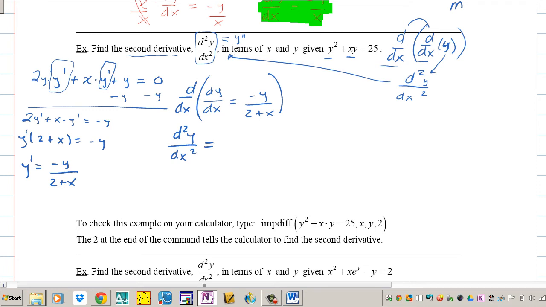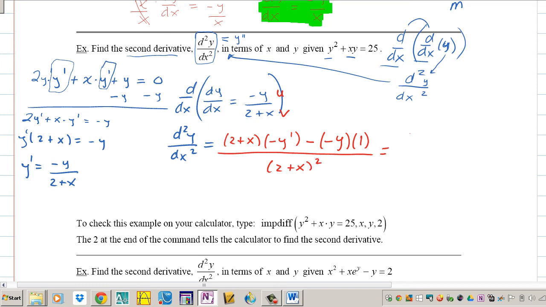Now I have a quotient rule where the top is my u, the bottom is my v. So it's going to be the bottom times the derivative of the top. What's the derivative of negative y? It's negative y prime, minus the top times the derivative of the bottom. Well, the derivative of the bottom is just 1, all over the bottom squared.